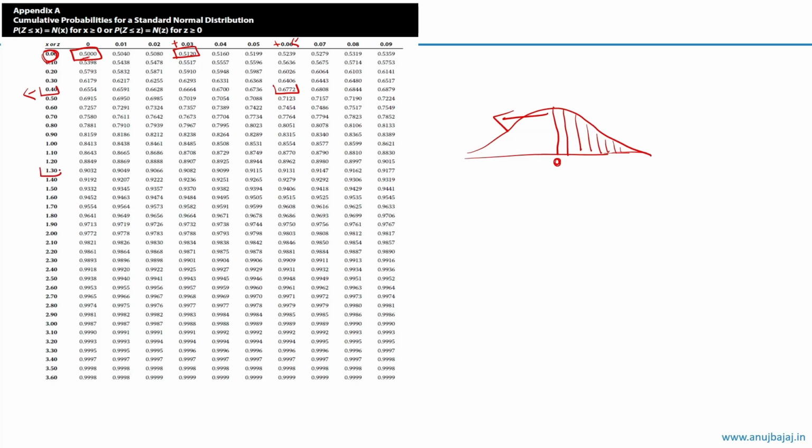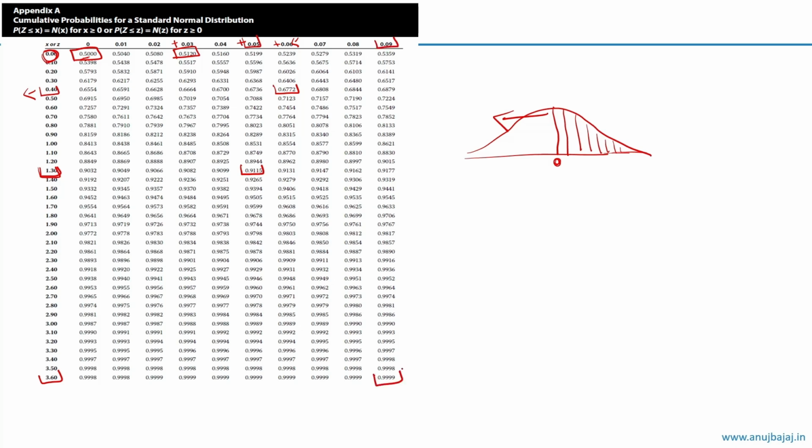Similarly, 1.3 plus 0.05. So 91.15% of the observations lie below 1.35 standard deviation. And coming to the last deviation, say 3.60 plus 0.09.